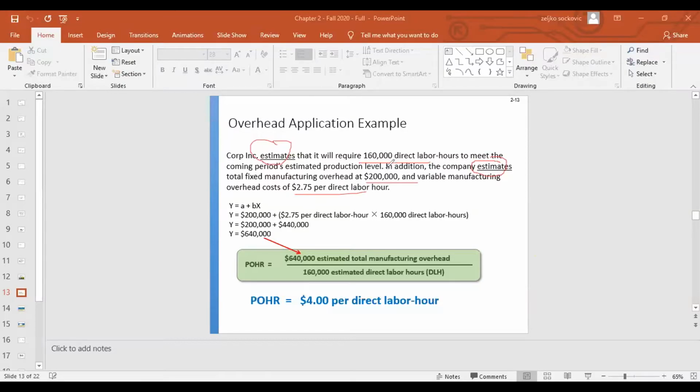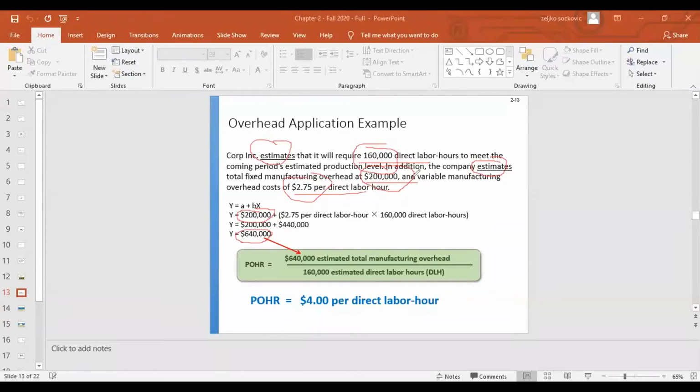200,000 is fixed, so that's here. And then the variable portion is what? 275 times 160. We are dealing with estimates right now. We are looking for total estimated overhead, and we get the amount of 640. So that's step one. Sometimes we are just given 640,000 as your total overhead.